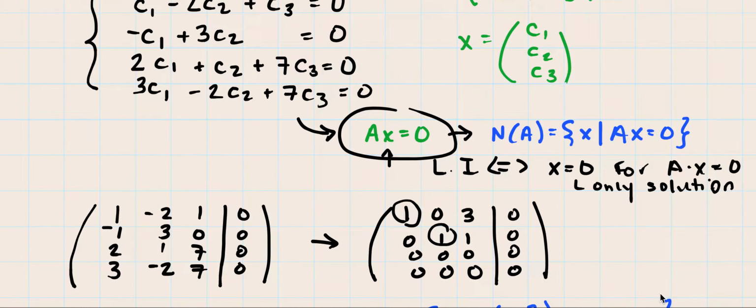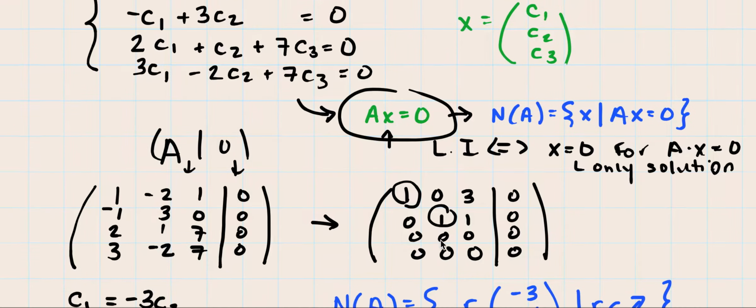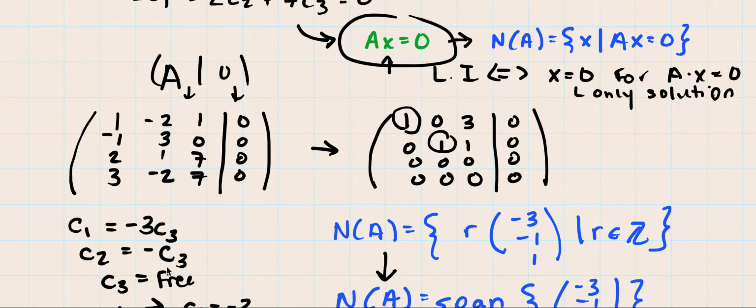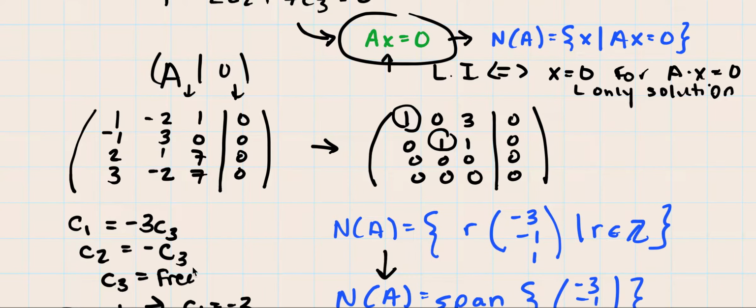So we did this. Here's the matrix A. Here's the 0 vector. We put this in reduced row echelon form. We noticed that we only had 2 pivots, so we solved for those pivots. We got c1, c2, c3. And we saw that c3 is a free variable, and c1 and c2 depend on c3, which lets us write the null space.